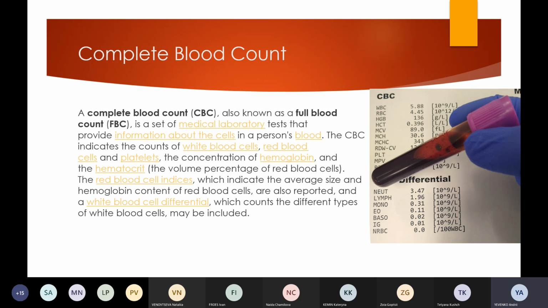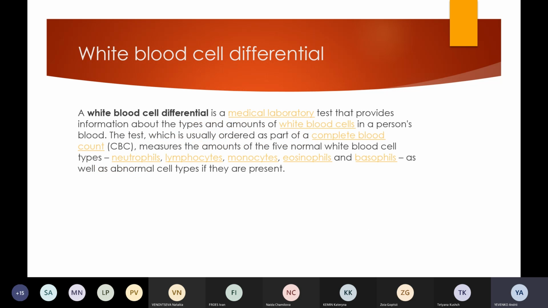In the aspect of immunity, we're going to talk about white blood cell differential. It's a test used to measure the ratio of white blood cells in your blood. The main white blood cells are neutrophils, lymphocytes, monocytes, eosinophils, and basophils.